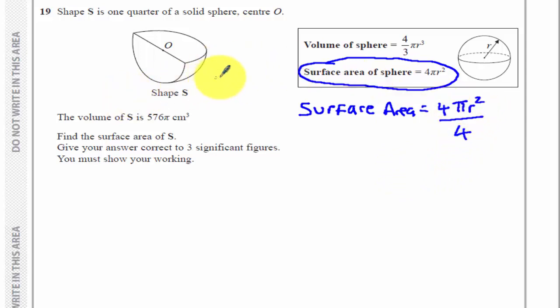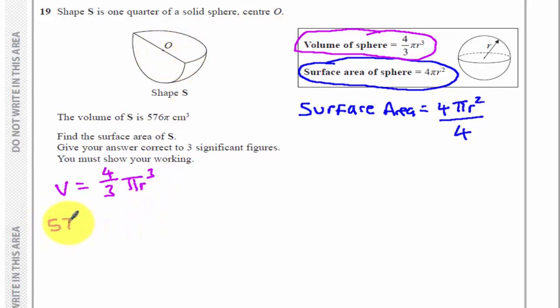Now I'm not given the radius, so I'm going to have to use this formula. So the volume is 4/3 pi r cubed. Now we're told the volume of this shape, 1/4, is 576 pi.